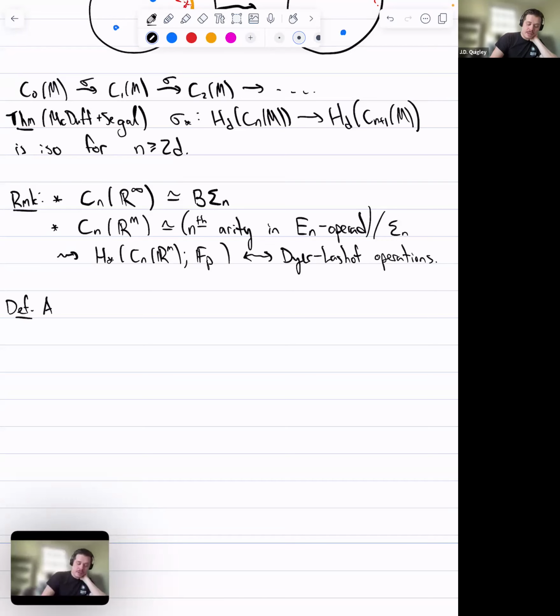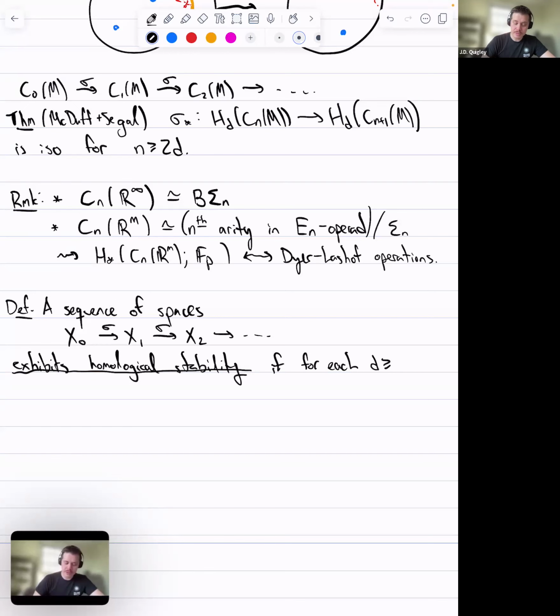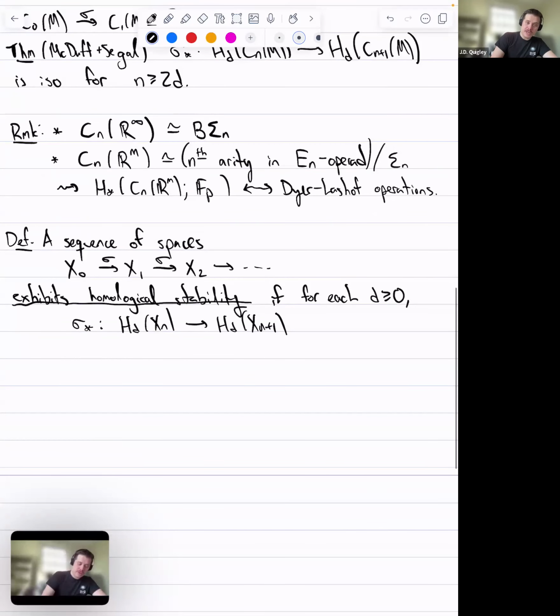So definition: a sequence of spaces X0, X1, X2 exhibits homological stability if for each d greater than or equal to 0, when I look at the induced map in homology, sigma star from H_d of X_n to H_d of X_{n+1}, this map is an isomorphism for n sufficiently large.